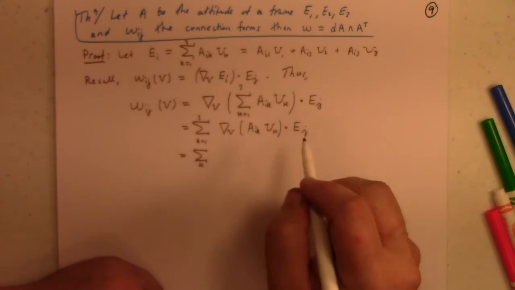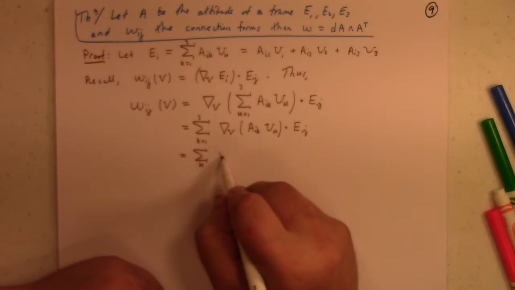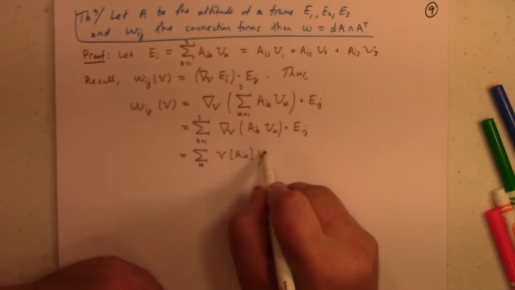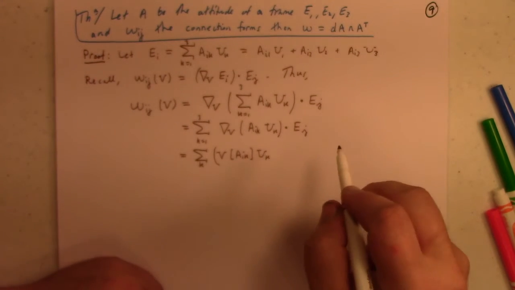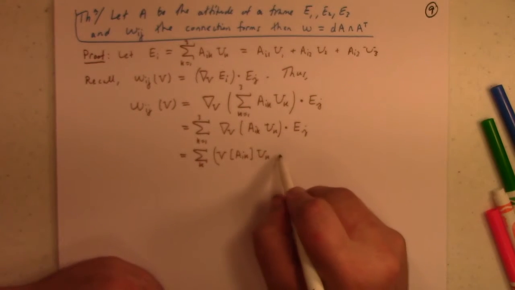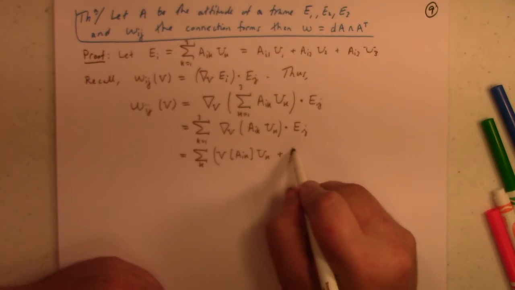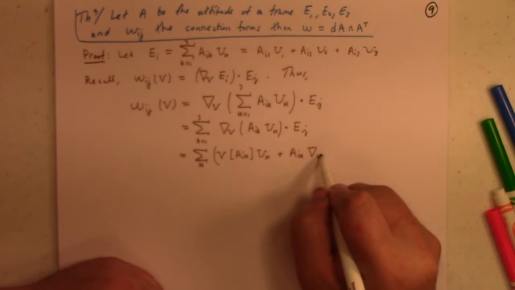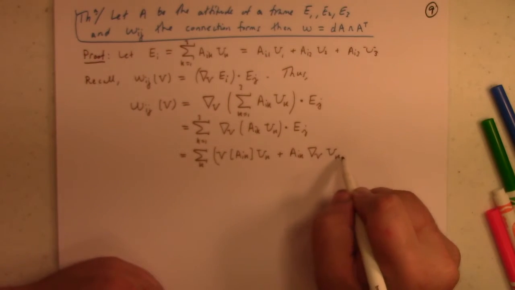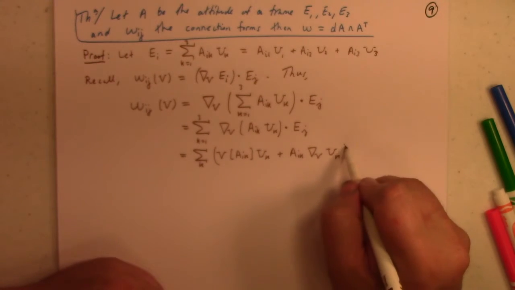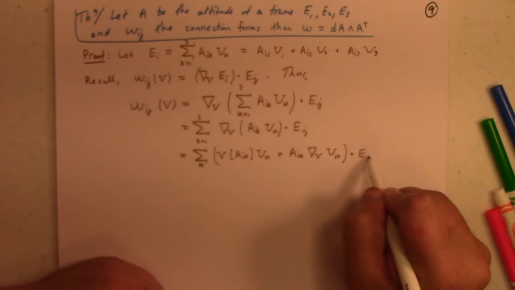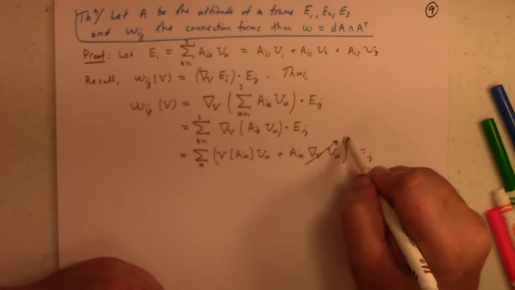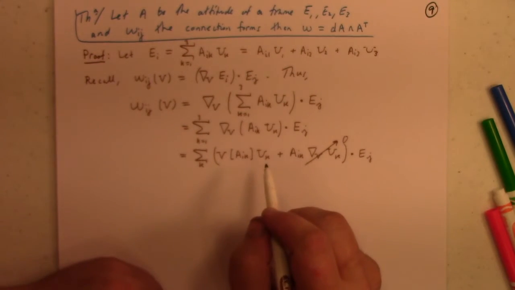I'm just going to write the sum over k. So that's V acting on A ik, times Uk, plus A ik times the covariant derivative in the V direction of Uk. I don't need to write that down because we all know that the Cartesian frame is very boring: it's 0.